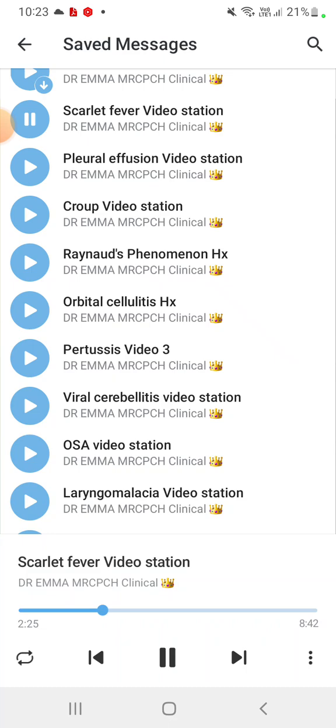Any other signs like runny nose, ear infection, any cough, and if there's any cough, how long is the duration. Then going to GI symptoms like any vomiting, any diarrhea, and musculoskeletal symptoms as well.